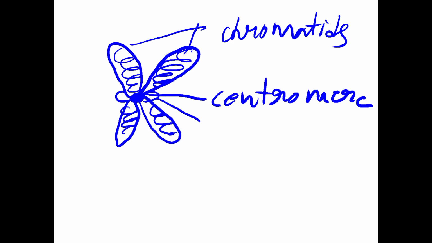If you see beside the centromere, we are seeing a semicircular structure, a disc-like semicircular structure, which is called the kinetochore. The central structure is called the centromere.